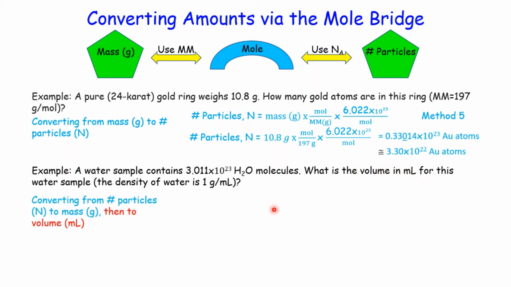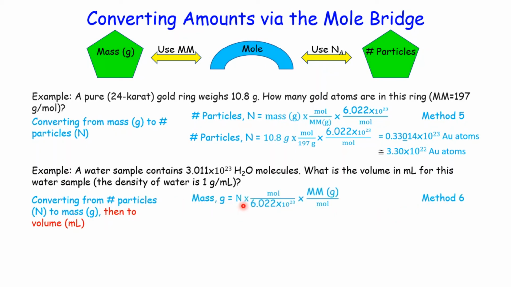That's the strategy. Okay, convert from number of particles to mass, which means convert from particles. Of course, you have to use the Avogadro number, convert from particles, use the Avogadro number, then find the mass. And then you see, actually, the blue one, you are going to use method 6.